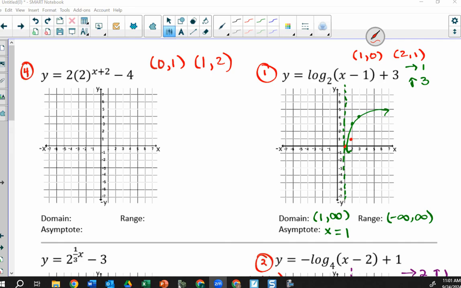And then you go left 2, and then down 4. And then 1, 4. You go 1, 2, 1, 2, 4.